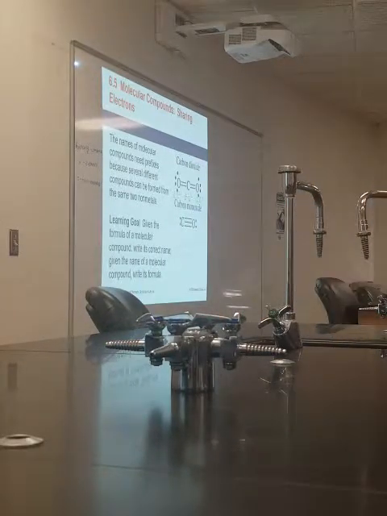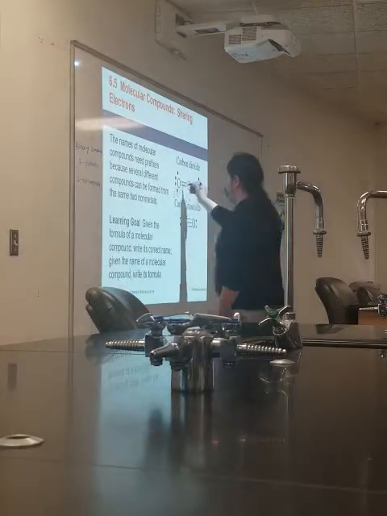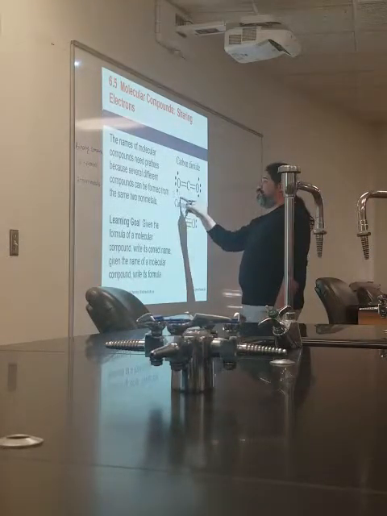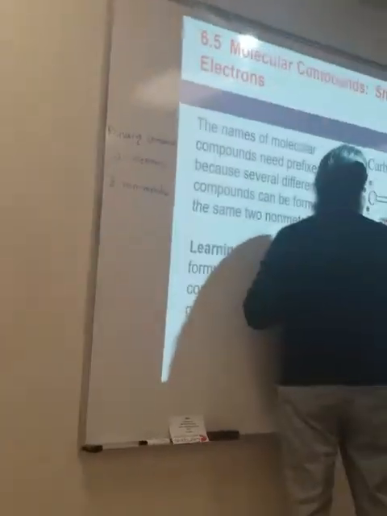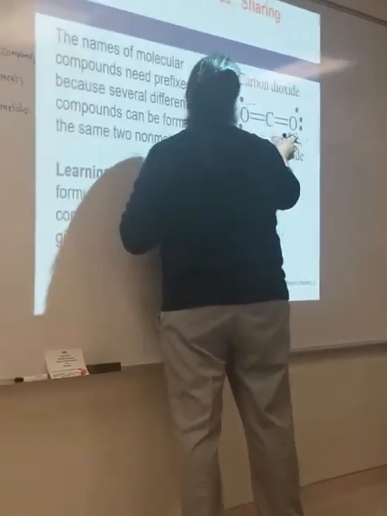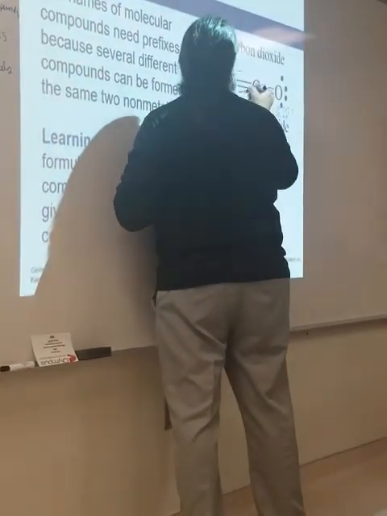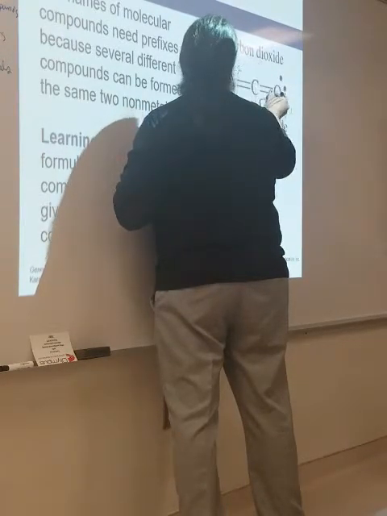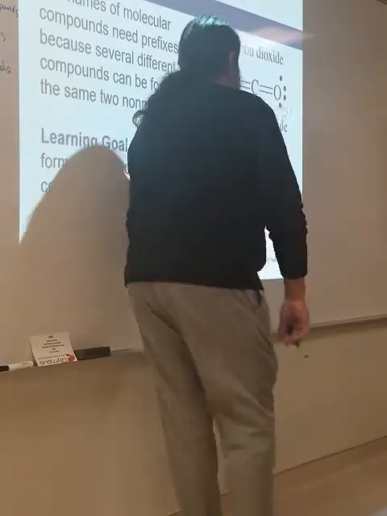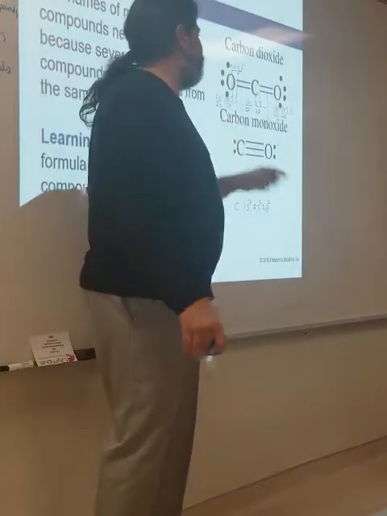So it's 4 for each of the 2 oxygens of CO2, and 2 for the carbon. So this oxygen is missing 2, this oxygen is missing 2, and carbon is missing 2. These 2 right here end up being shared with 2 of these. So we'll move that there, we'll bring that over here, and we'll bring that over there. So now this oxygen is here.